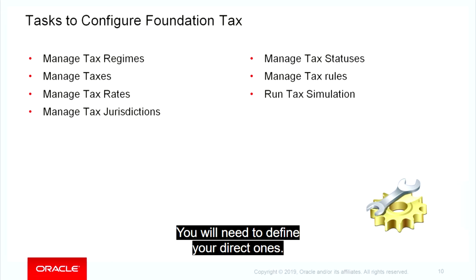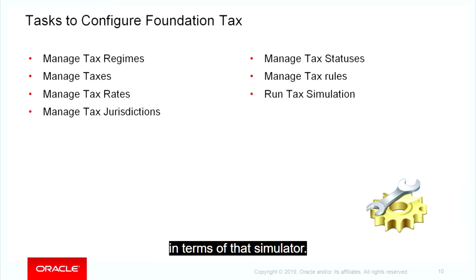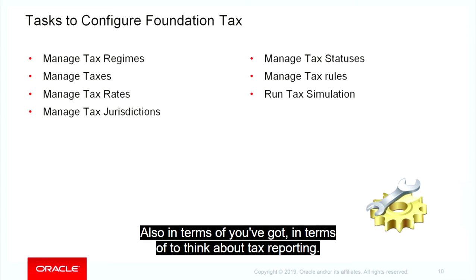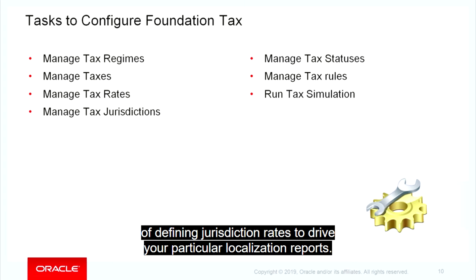You will need to define your direct ones, and you can test it all by running the tax simulator. Also, think about tax reporting: even on the core setup, you might have to do more in defining jurisdictions and rates to drive your particular localization reports.